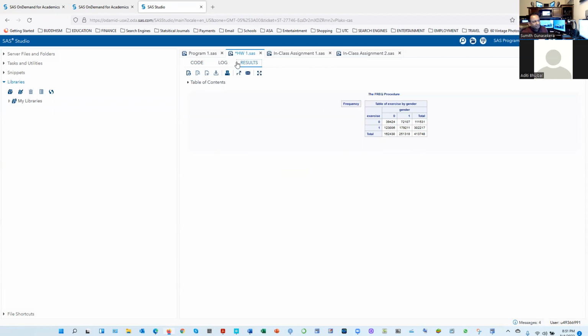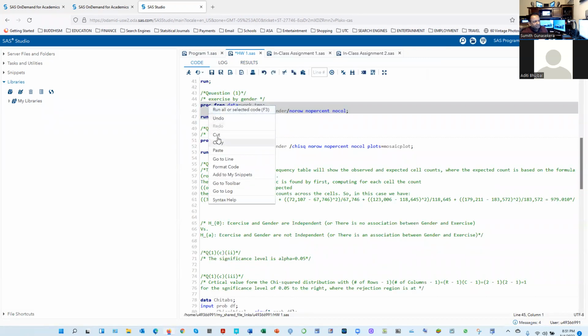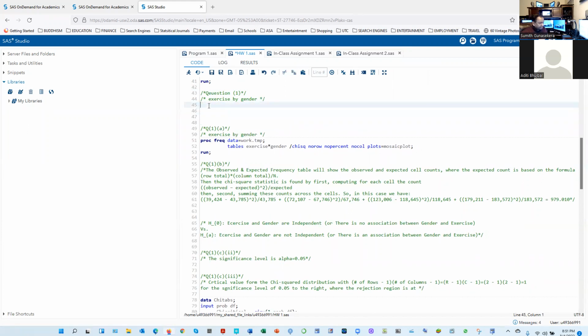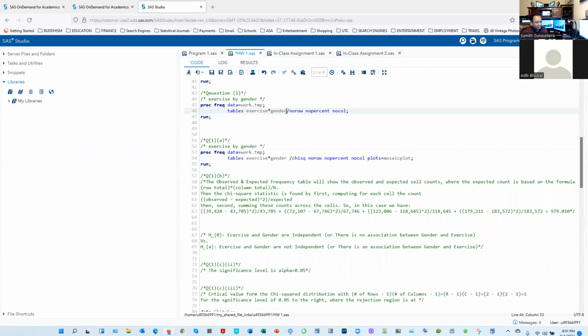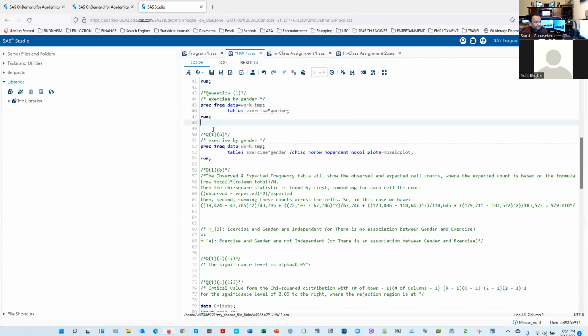So for the frequency, either way is fine, with or without.